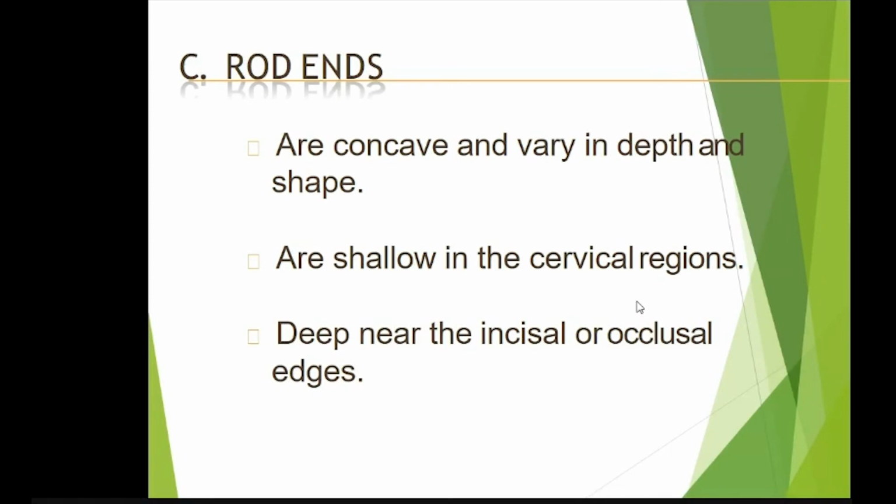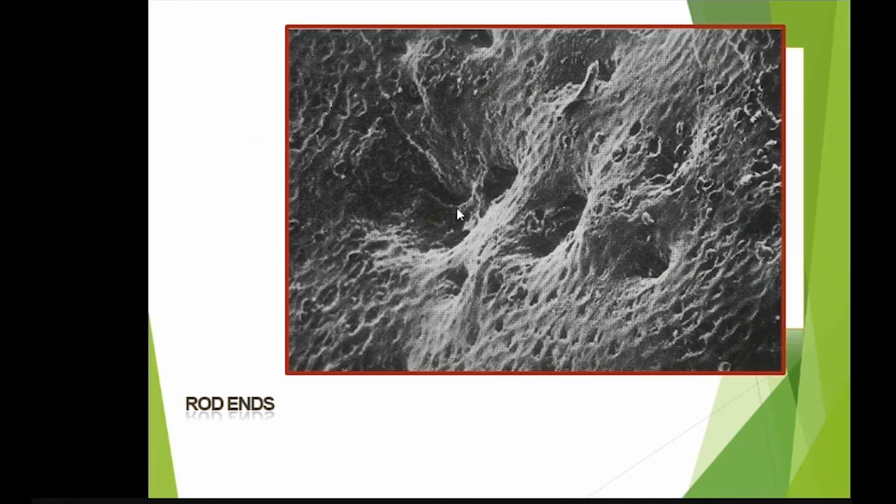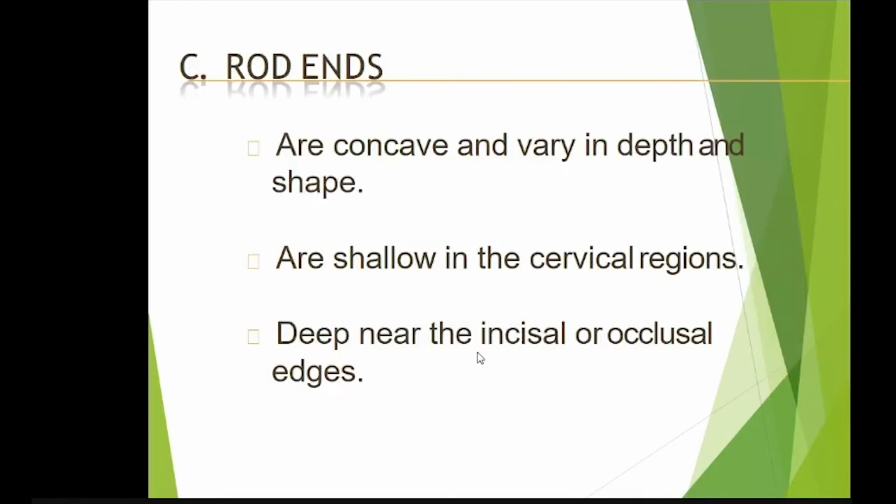And when it is deep at the incisal edge or occlusal edges، يعني at the cusp tip تكون الرود ends نهايات الرود شبيها تكون deep، وهي concave. مثل ما قلنا تكون كلش عميقة. نشوفها بالانسايزل او بالاوكلوزال تيبس.